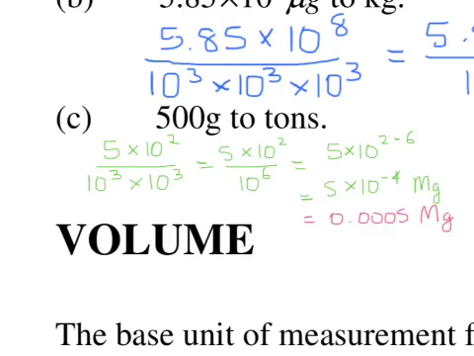The decimal point moved back from that position 1, 2, 3, 4 places, so 3 zeros and then the 5. Remember that multiplying by 10 to the power negative 4 is the same as dividing by 10 to the power 4, which is dividing by 10,000.